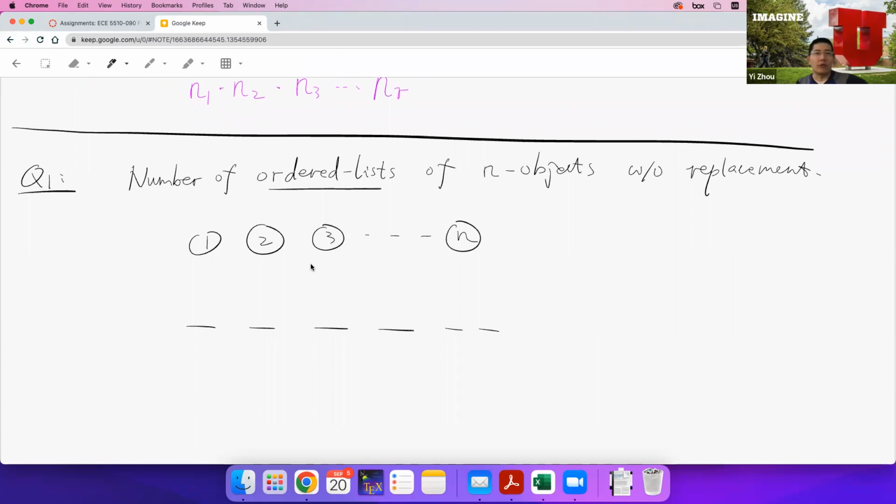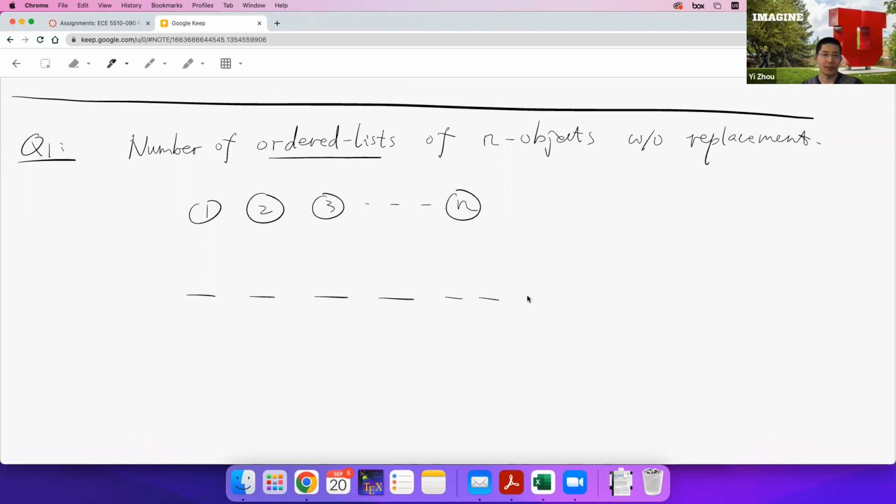So the question is, once you place these N different balls into these positions, how many possible different ordered lists can we have? Any ideas?